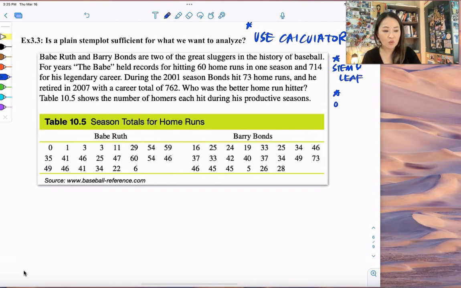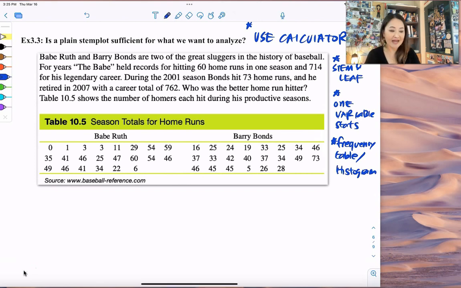I'm also going to show you one variable stats on your calculator. I'm also going to show you some frequency table. I think frequency table is also known as a histogram. Maybe you've heard of them. Okay, so those are the things that I'm going to teach you in the next video, okay?